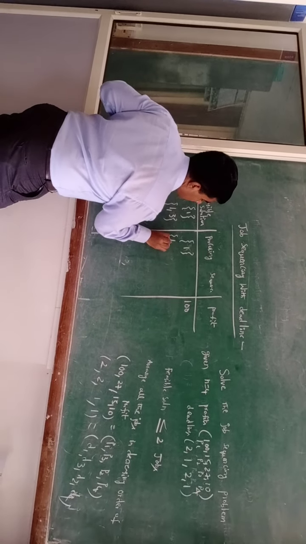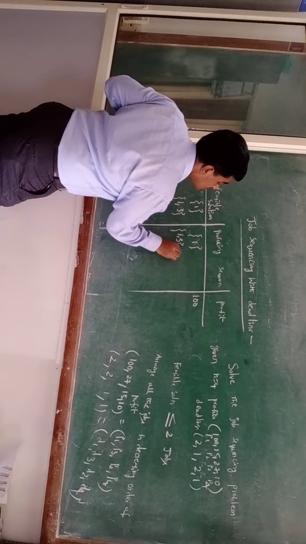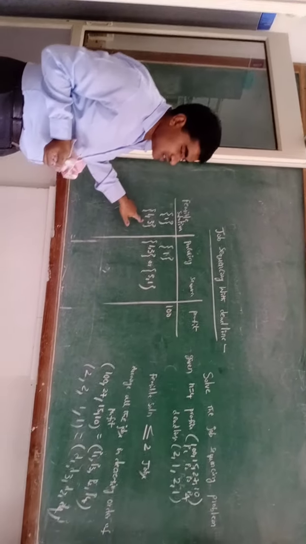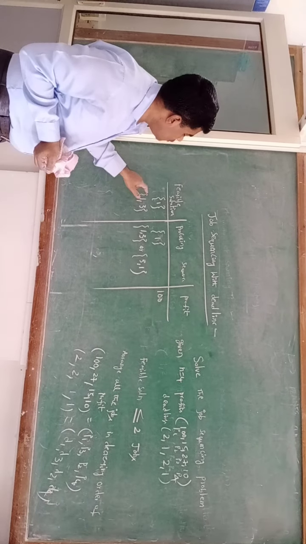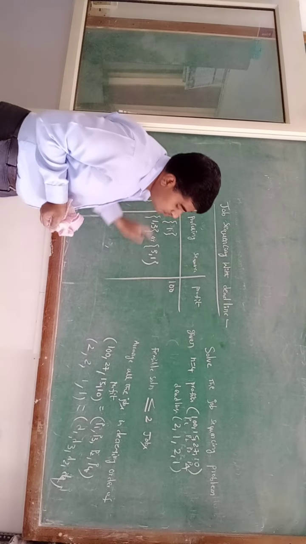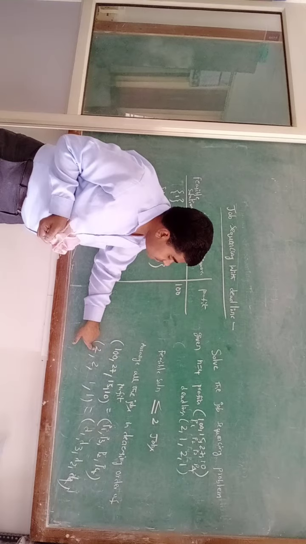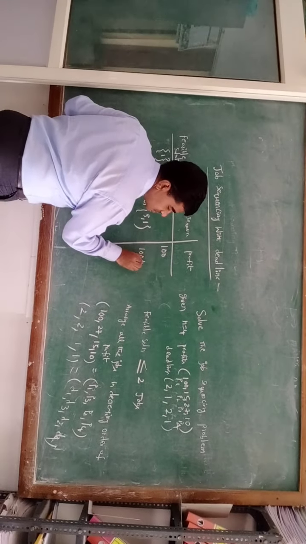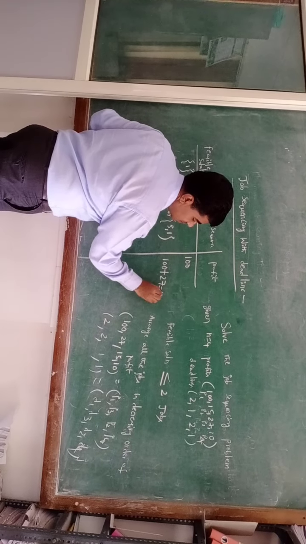So here 1, 3 or 3, 1 also. Suppose first we are executing the third job, then for the first job 1 more unit of time is remaining. So no issue. So 100 plus 27 is 127.